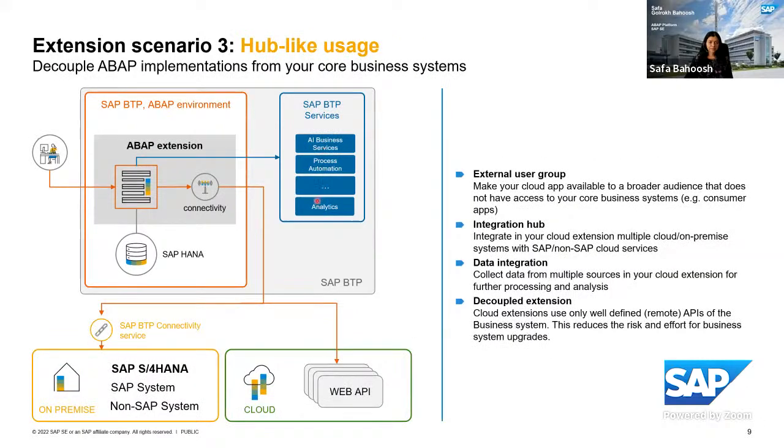And last but not least, the scenario which is about integration, and we call that hub-like scenario. So we have many customers and partners who have applications that consume different kinds of APIs from different backends, either backends distributed across the world, or you have SAP or non-SAP backends or hyperscaler cloud services you want to connect, or any other backends.